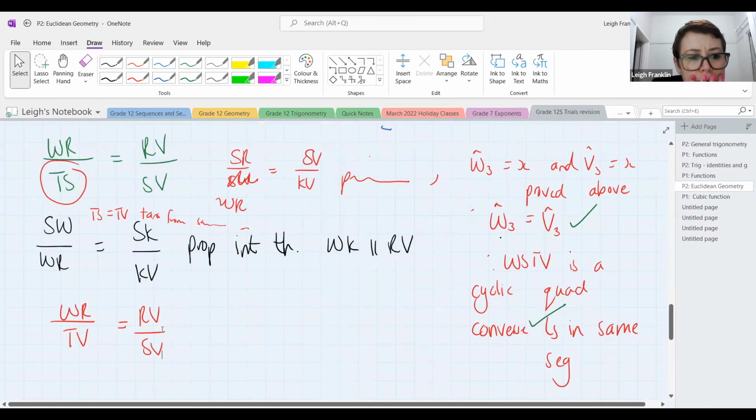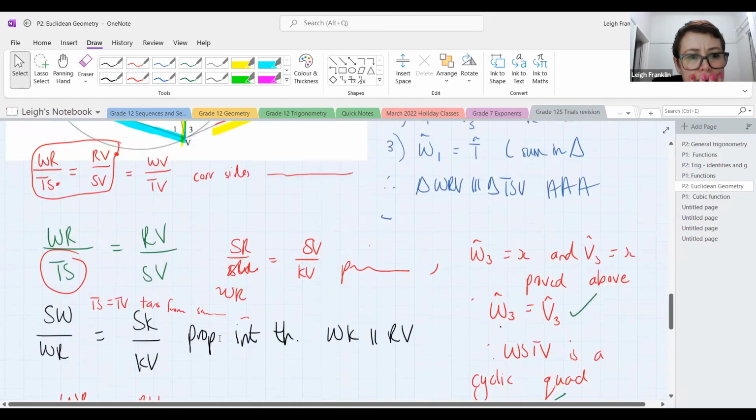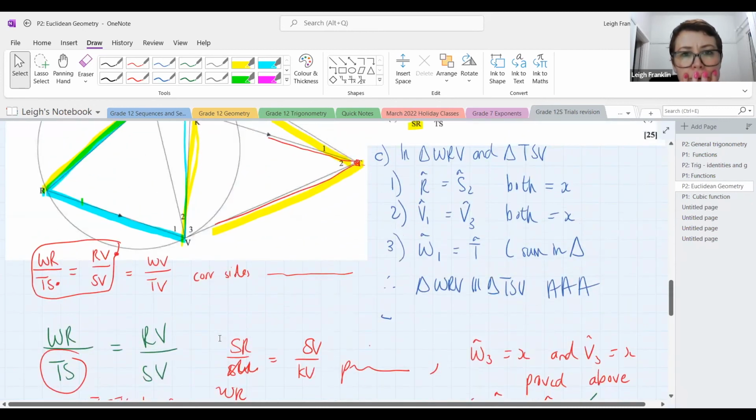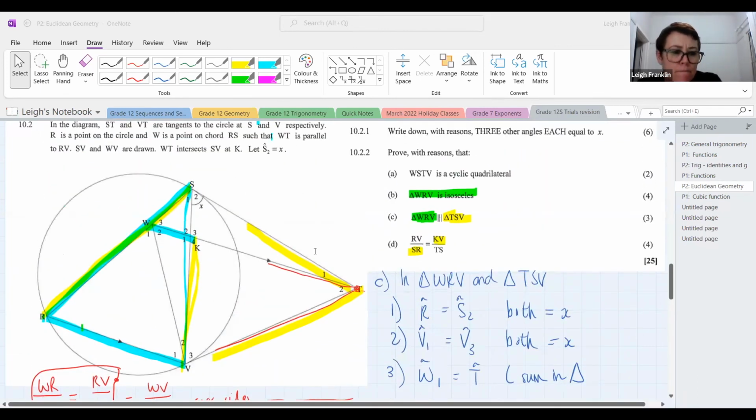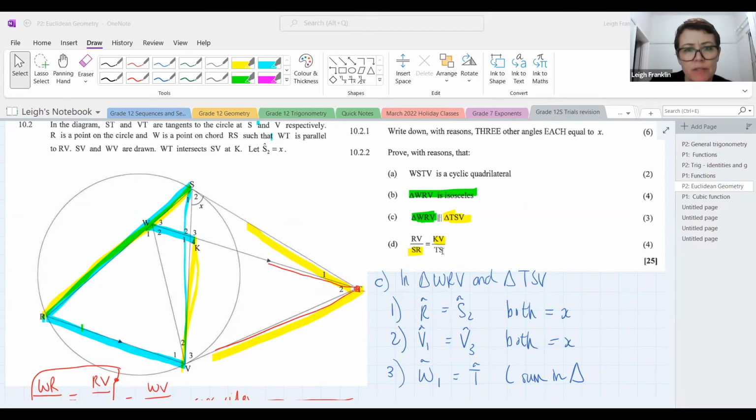RV over SR. This is irritating, isn't it?